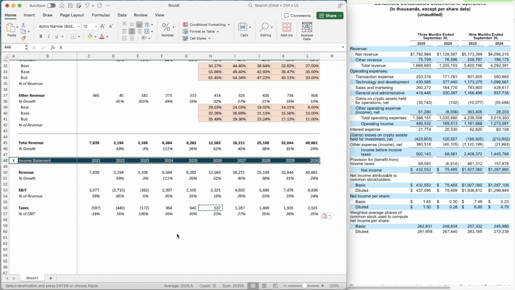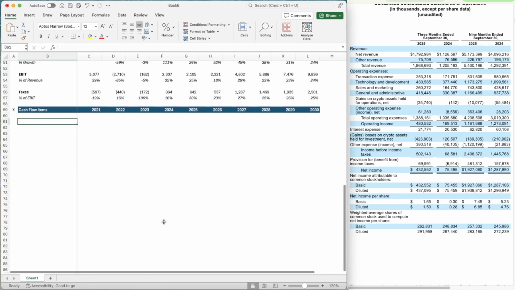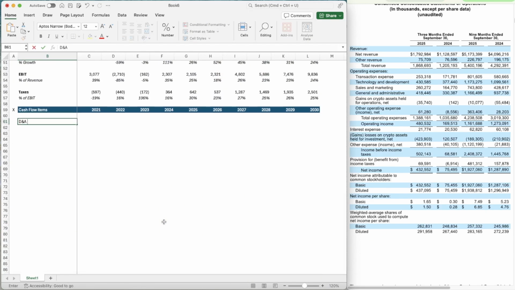We're going to go on to the cash flow items. And these are depreciation and amortization, CapEx.